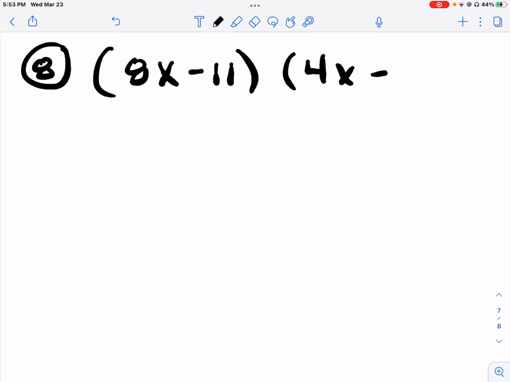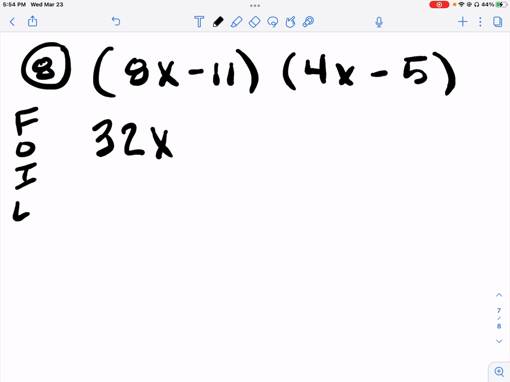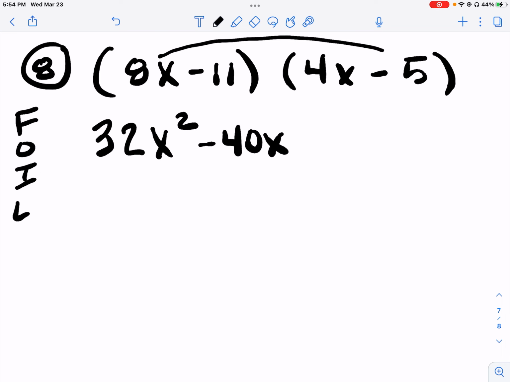Number 8. 8x times 4x, we're foiling again. 8x times 4x. Outside, 8x times negative 5. Inside, negative 11 times 4x.